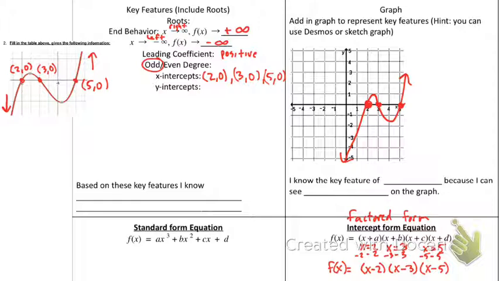We also know that our leading coefficient is positive. So we could put a 1 here if you want, but you don't have to. No negative, positive. So now we're going to take this and multiply this out to turn it into standard form.